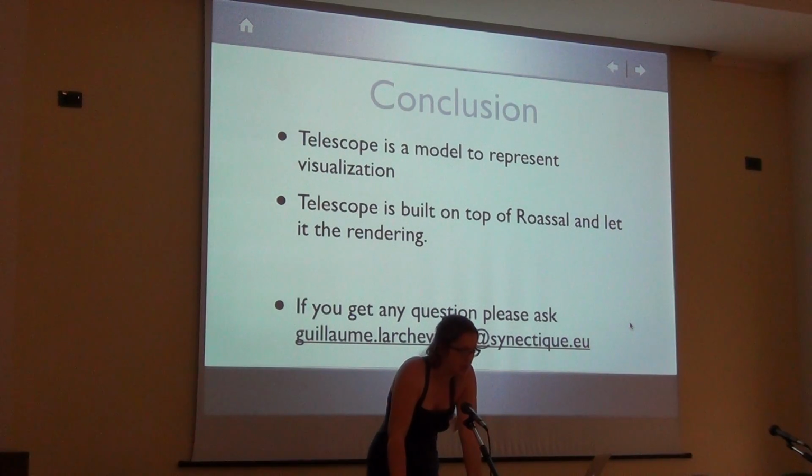Currently, Telescope is already used by a lot of clients, for software analysis, and they have made a lot of different visualizations for software: for the structure of software, for software execution.